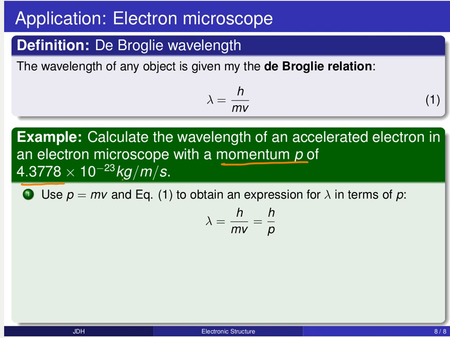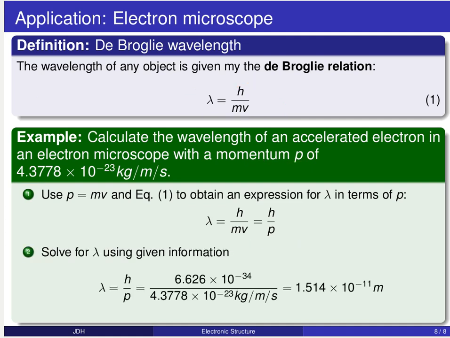If we want to figure out the wavelength of these electrons shooting through this electron microscope, we can go back to our de Broglie relation and use the fact that mv equals p and come up with this expression. We can then plug in the values of the known and unknown parameters and arrive at our final result.